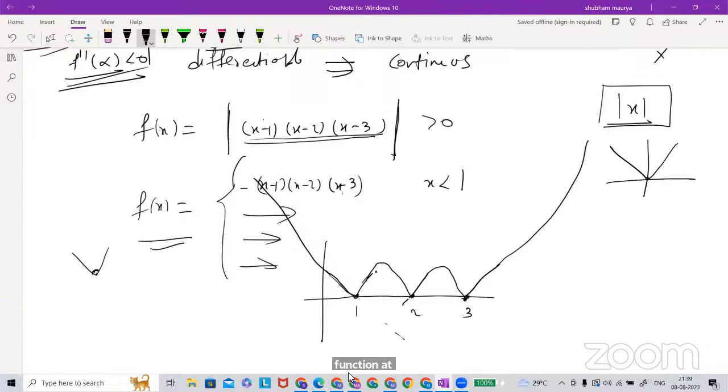We know that, right? For mod, at least at 0, where is the root, it is a sharp corner.